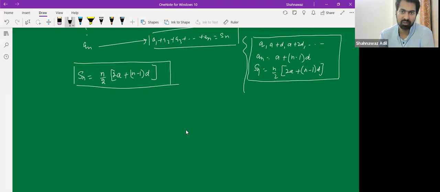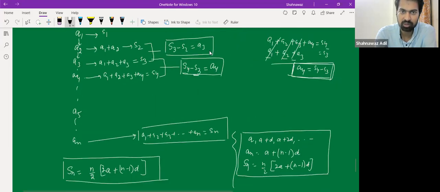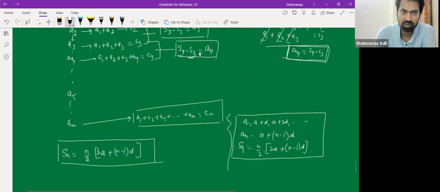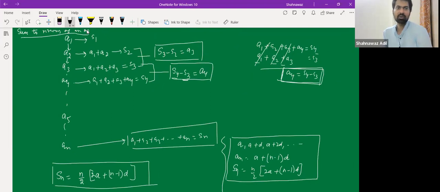Any doubt, guys? Yes, sir. So you guys quickly note down this part. Just write the sum to n terms. Sum to n terms means we have to just sum all these terms, right?